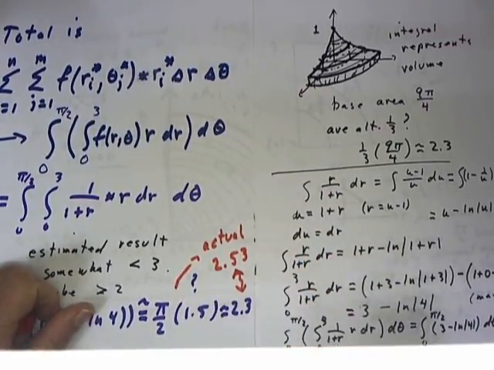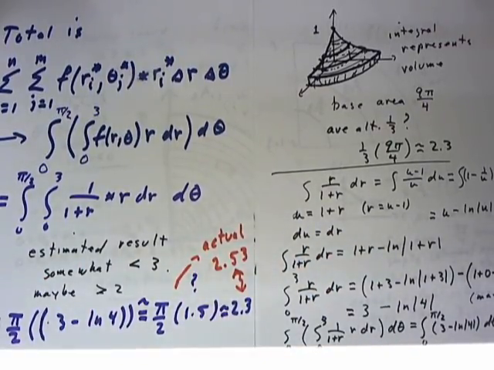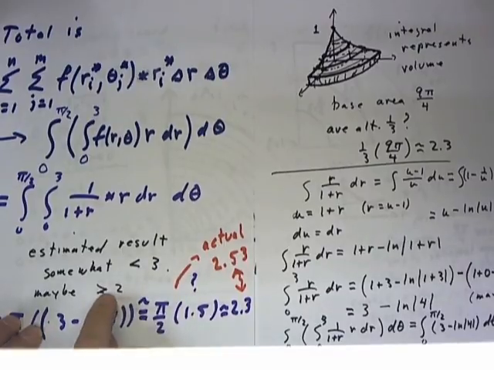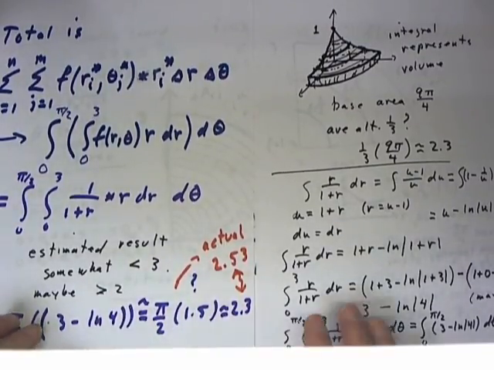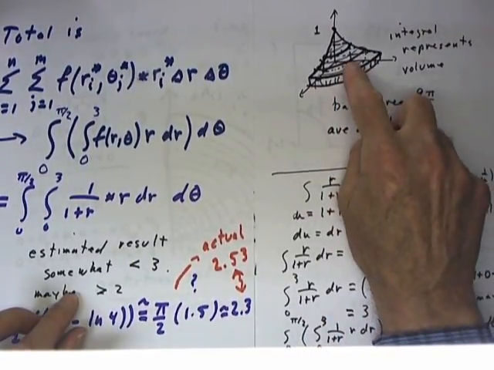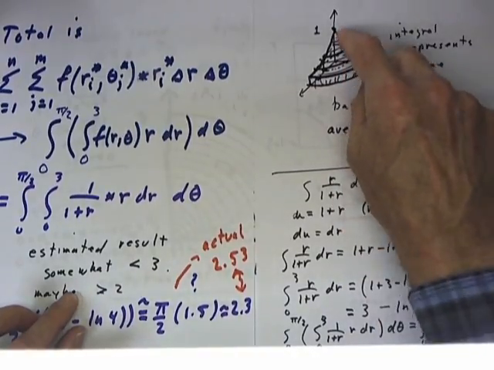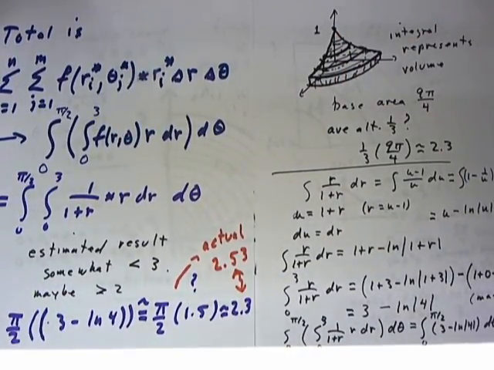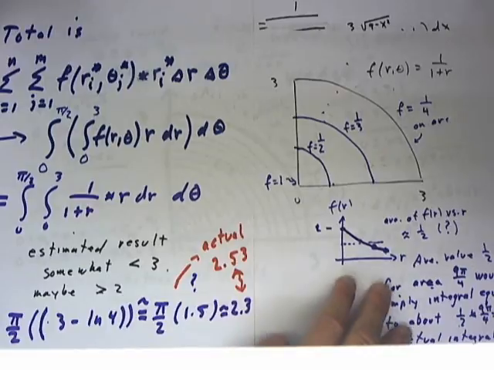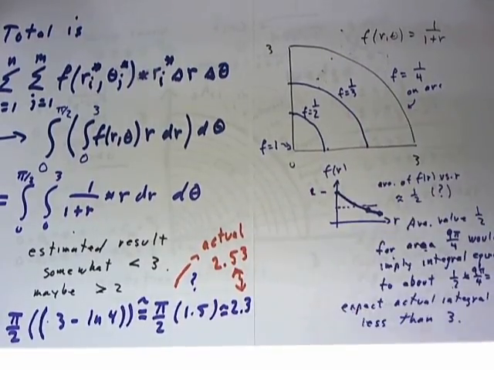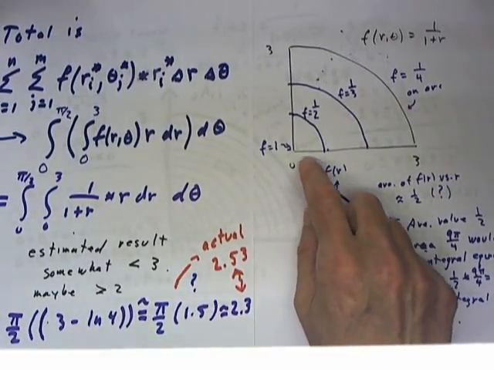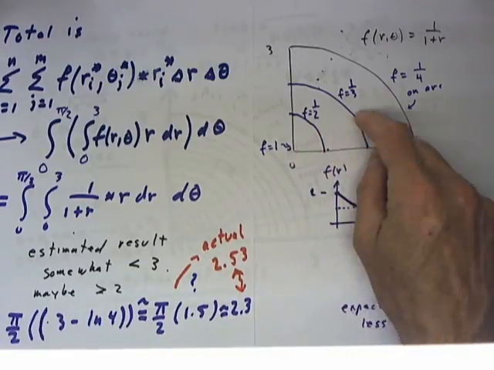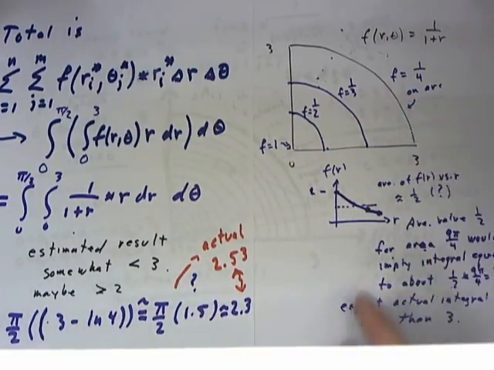So in any case, our result is clearly in keeping with the estimates that we made based on the picture of the volume region and on the values of our function at different contours.